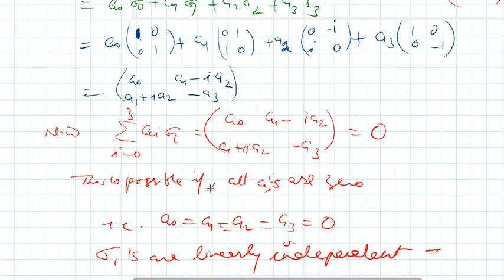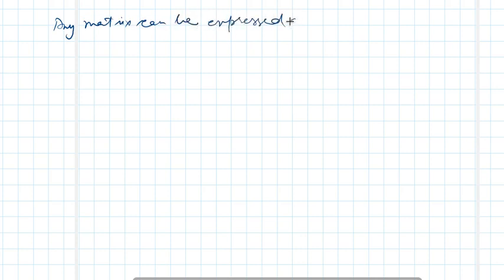Now let us try to prove the second part. For the second part, we want to show that any matrix can be expressed as a combination of sigma i's.